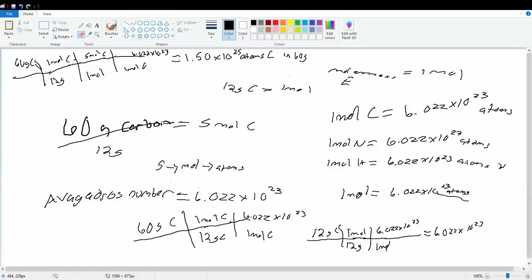Let me erase some of this stuff. Now, what if we want to go from grams to protons?